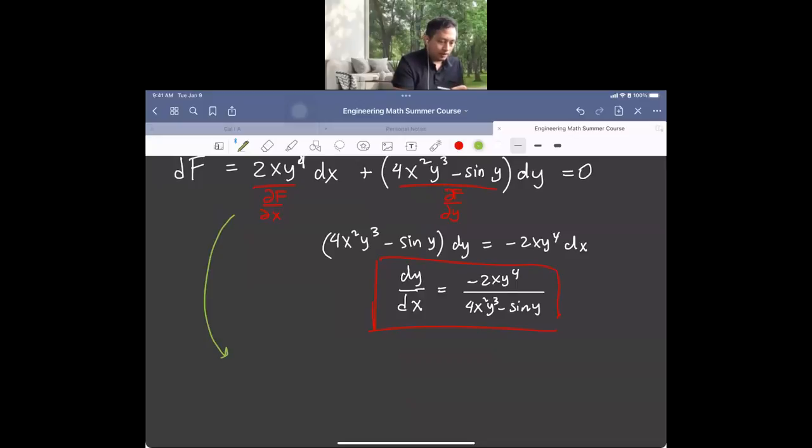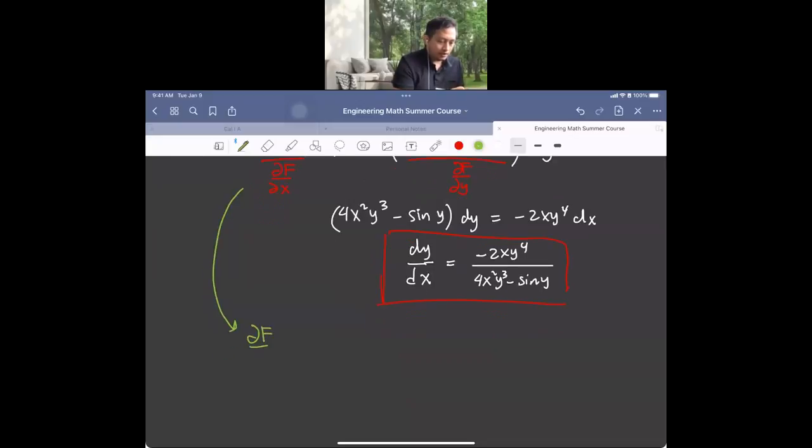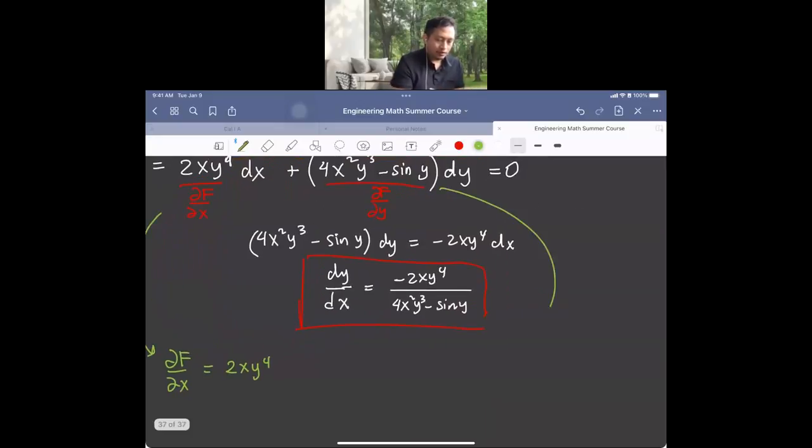Okay, now from here we get the idea that dou f dou x is equal to 2xy to the power of 4, and from here that dou f dou y is 4x squared y cubed minus sine y.